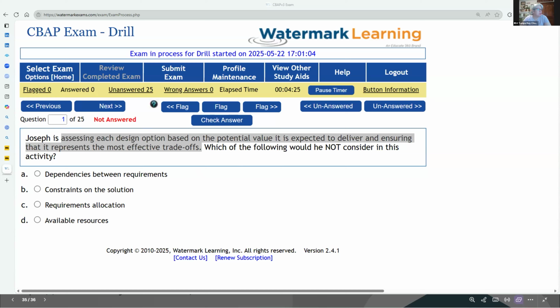Everybody agree? Okay, which would he not consider? So he's going to consider 3 of these and not the 4th. Dependencies between requirements, the constraints on the solution, requirements allocation, or available resources.